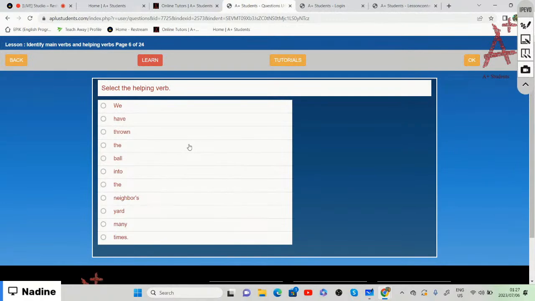Select the helping verb. We have thrown the ball into the neighbor's yard many times. We need to choose the helping verb.